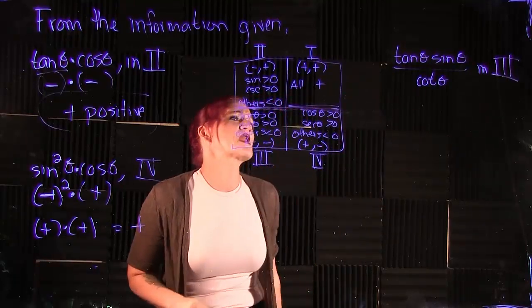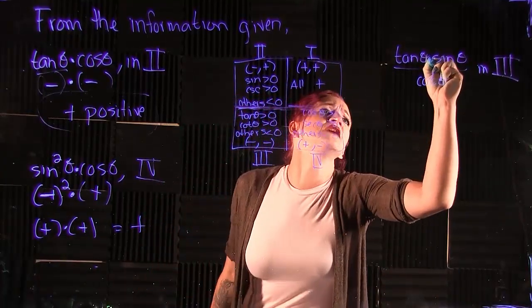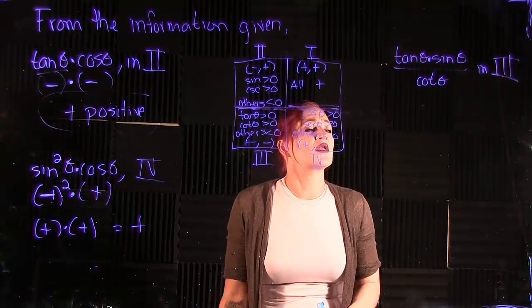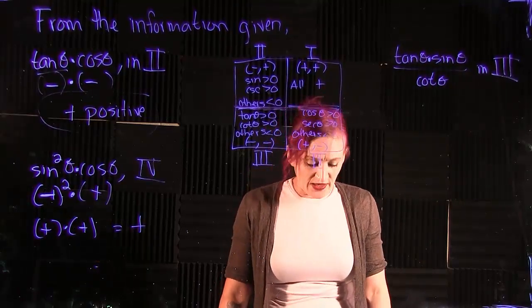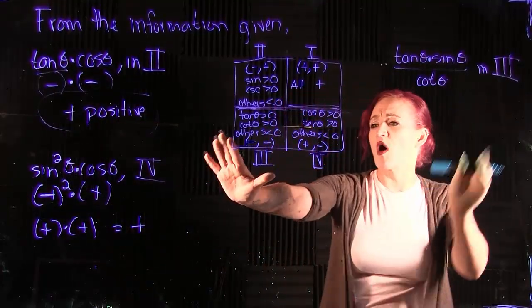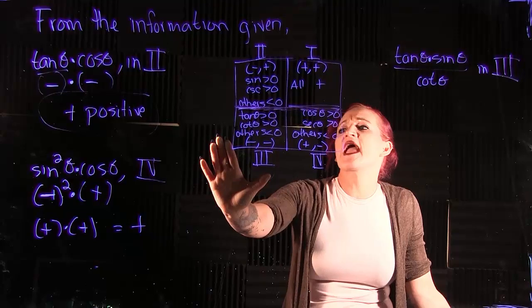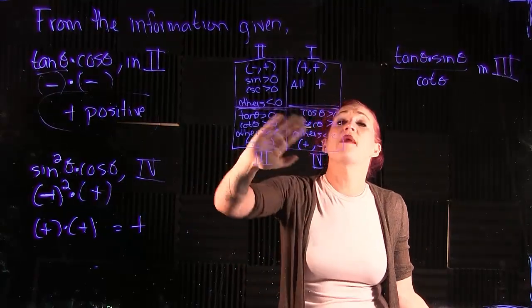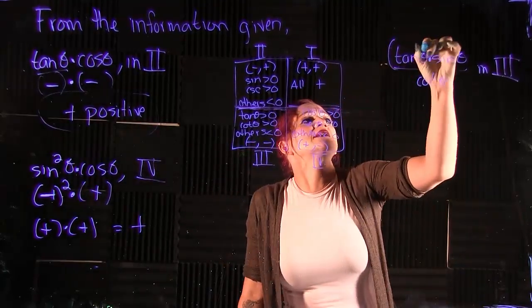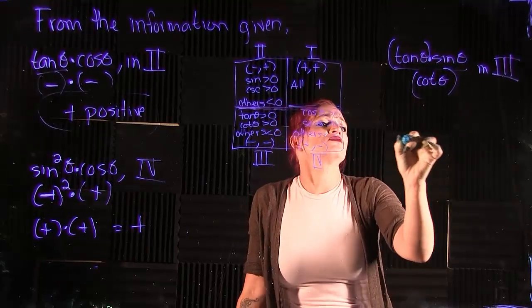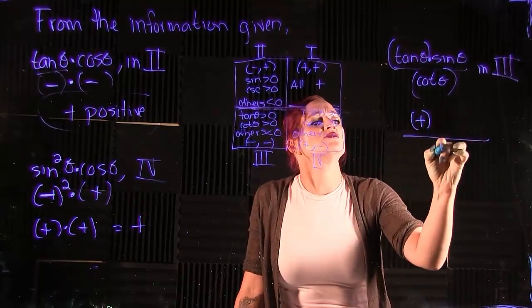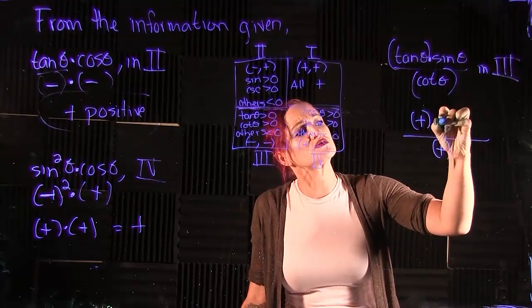Taking a look at our third example, here we have tangent theta times sine theta over cotangent theta, and we're talking about specifically quadrant 3 over here. Quadrant 3 says that tangent and cotangent are positive, so that means this tangent here and this cotangent here are going to be positive. I'm going to go ahead and put those in.